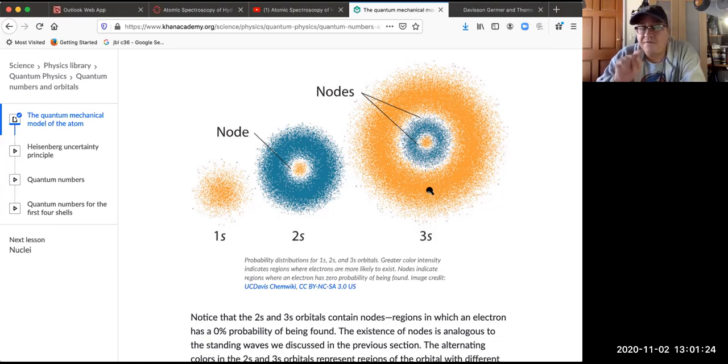So this model focuses on, let's know the energy with some certainty, and instead of knowing where the electron is, we'll calculate a region of space where you're likely to find it. So again, the Heisenberg uncertainty principle is you cannot know the energy of the electron and its location with certainty.